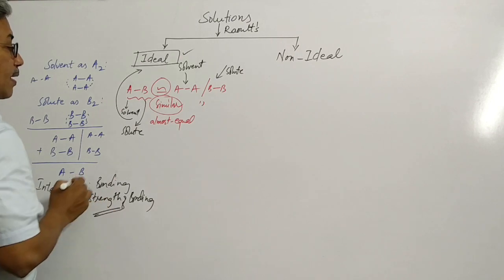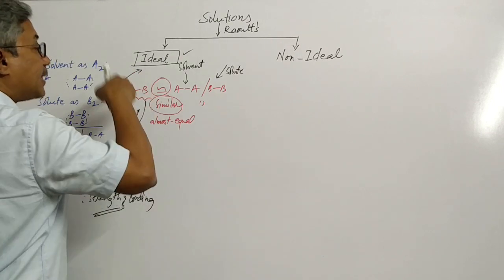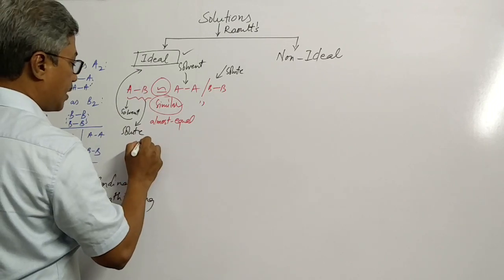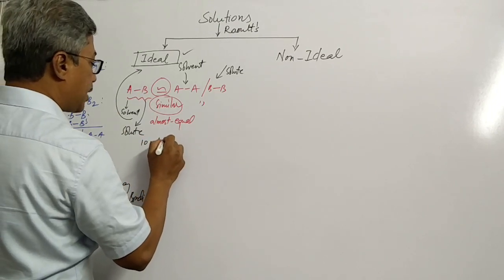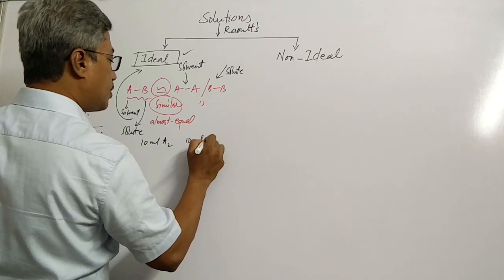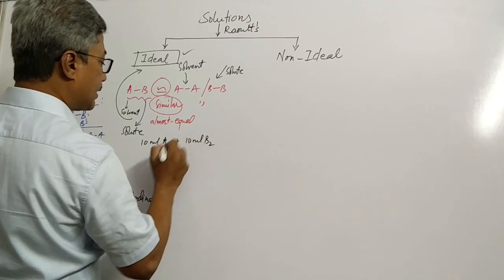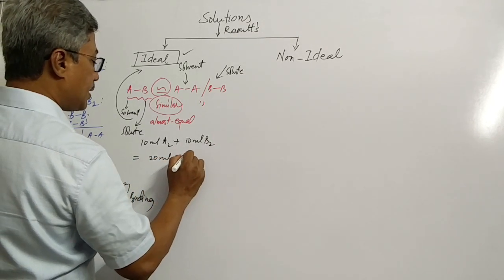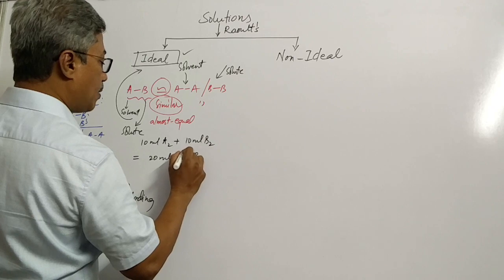Clear? Okay. If this is the situation, when we mix 10 ml of A2 and 10 ml of B2, upon mixing these two we will get 20 ml of AB only.